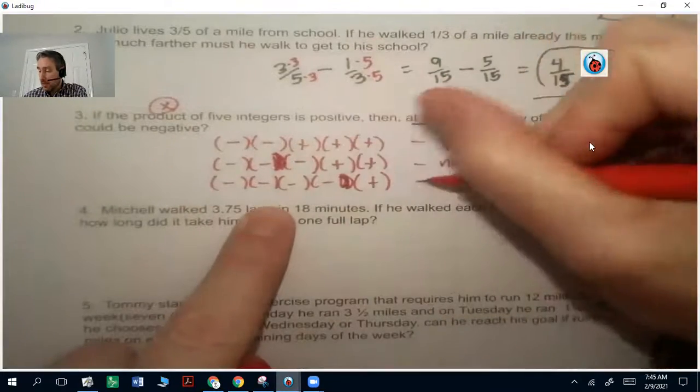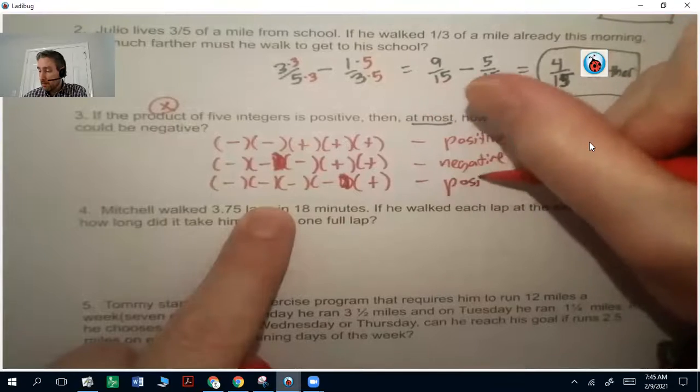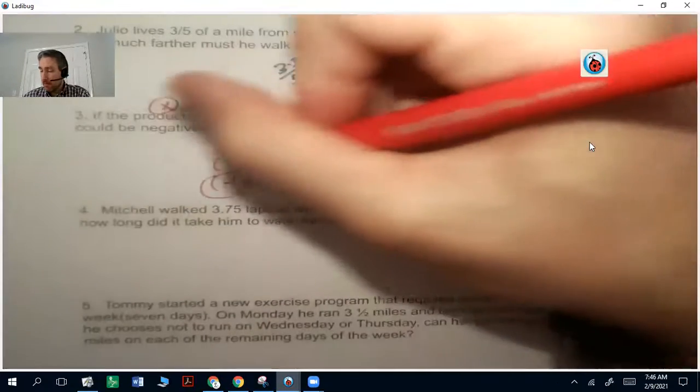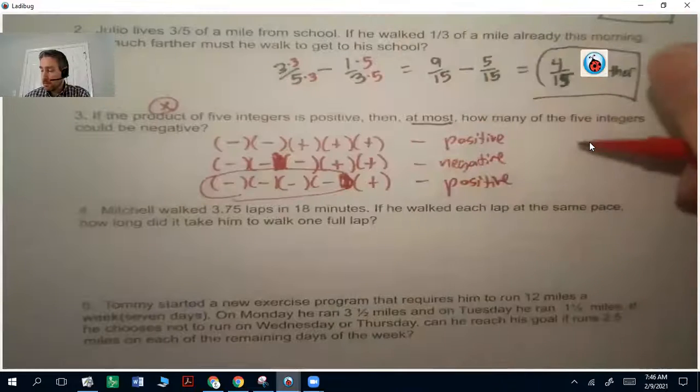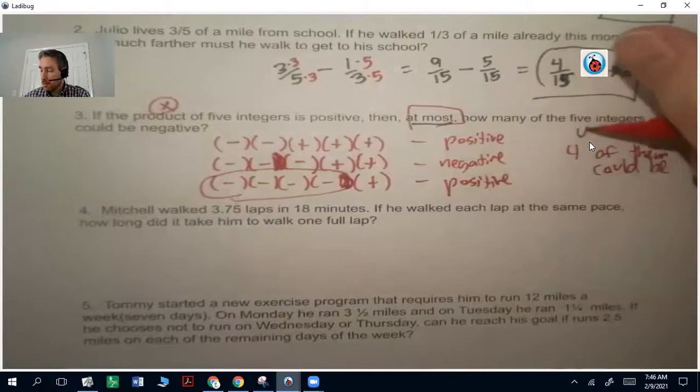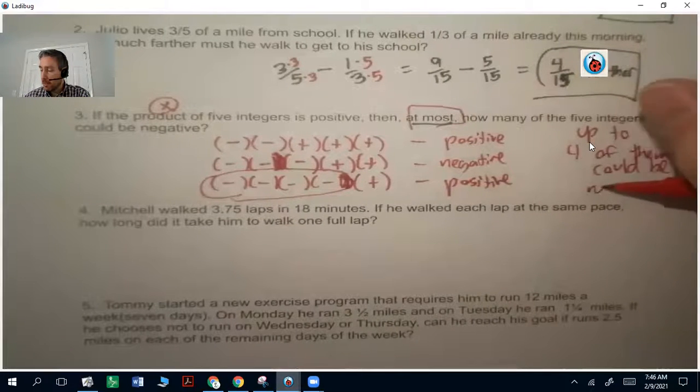So that times a positive is positive. If you have 5 negatives, that's going to be negative. So you can have up to 4 negatives. 4 of them could be, up to 4 of them could be negative. Does that make sense?